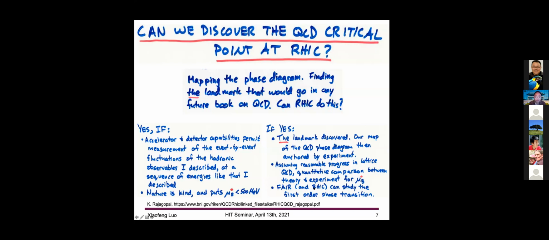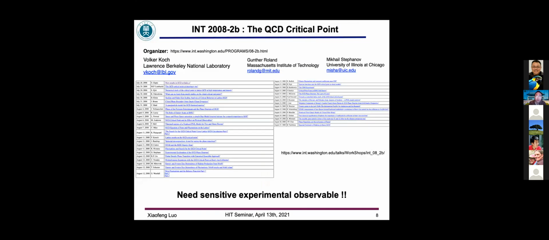So at that time, people had many views and innovations on this critical point search. Later, in 2008, INT held a workshop, and the organizers Fokker, Ganser, and Misha Stephanov organized this workshop with many interesting talks.